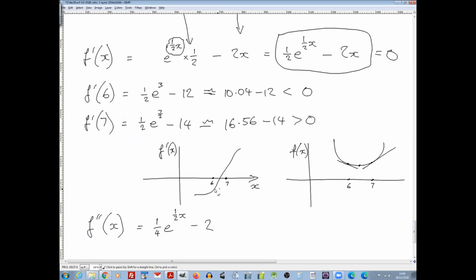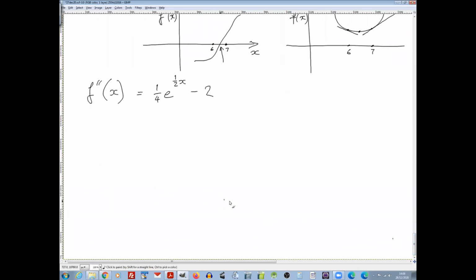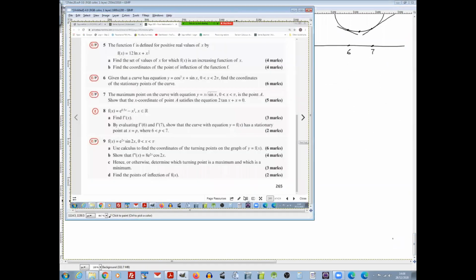But they want to know that we can do the hard work if we need to because we can't solve this precisely. Which is an issue you will be tested on as well. Approximating solutions where it can't be done precisely by saying it's got to be somewhere in between here and here. Let's see. Okay. What have we got here?